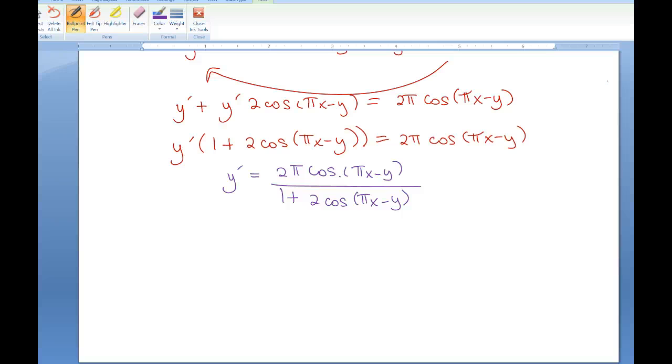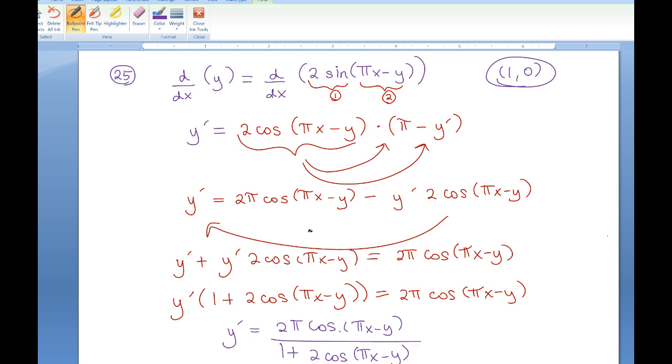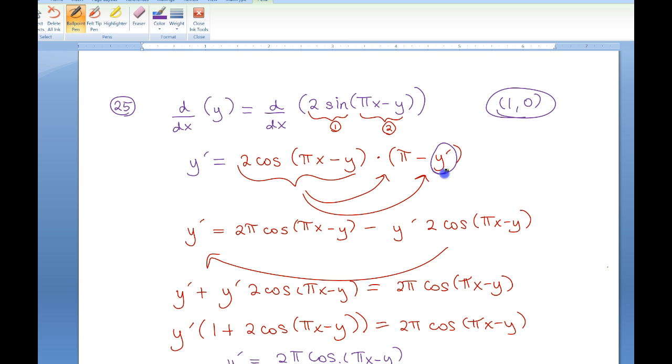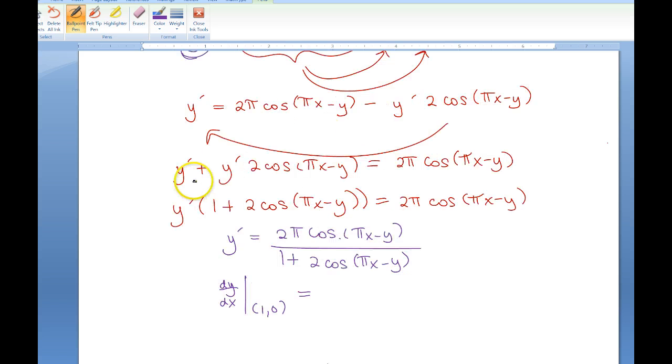My first instinct would have been to divide, but that won't get the same result, because this y prime is here and I have to get it with that y prime. Anytime you have that, you want to distribute and get everything on one side.